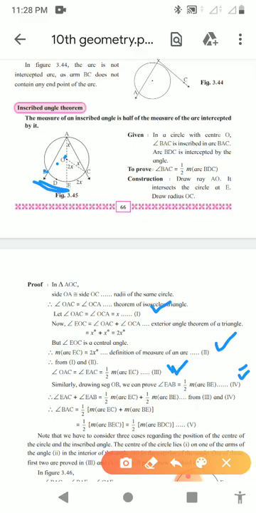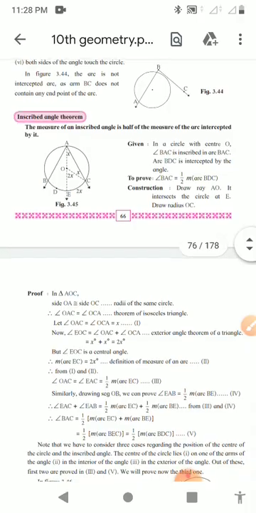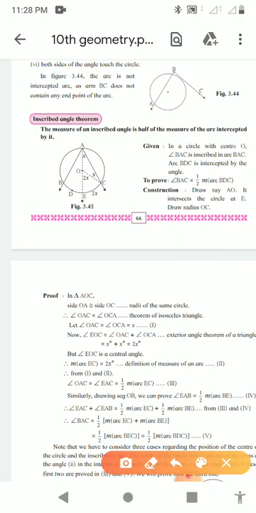Therefore, angle EAC plus angle EAB we can write as angle BAC, this complete angle BAC. So angle BAC equals half of the measurement of arc EC plus half of the measurement of arc BE. And measurement of arc EC plus BE equals BEC, so this is nothing but this complete arc.